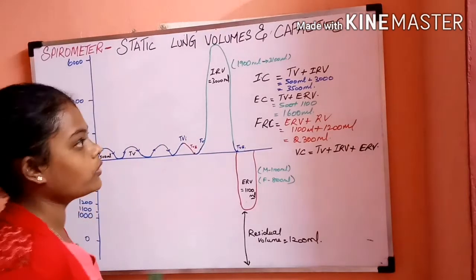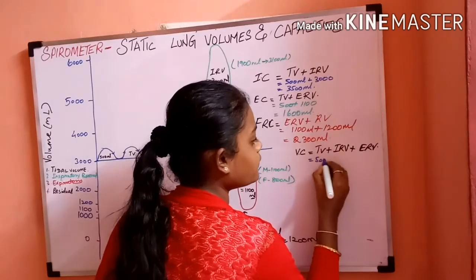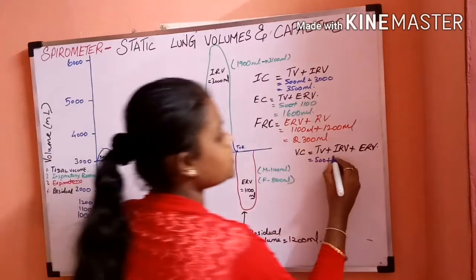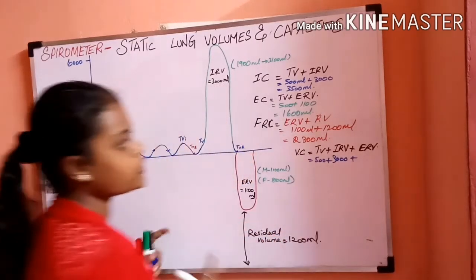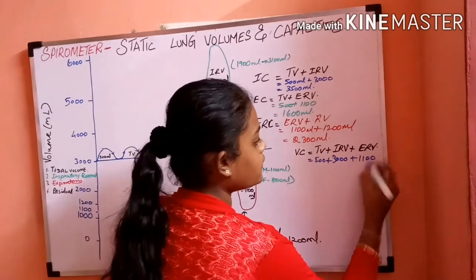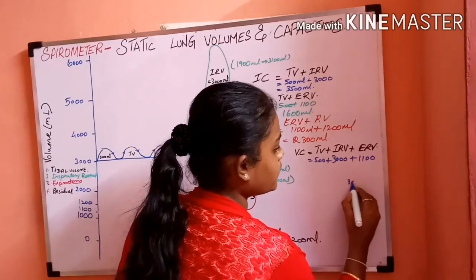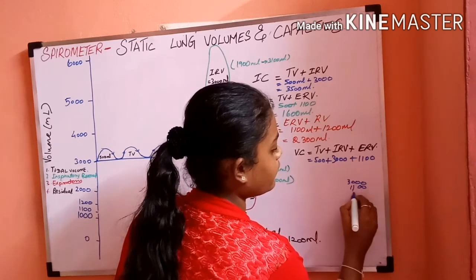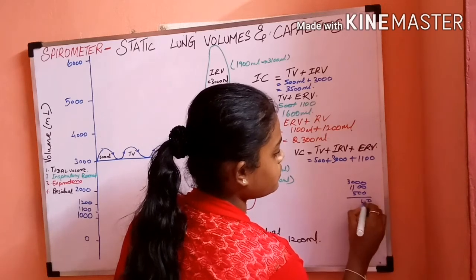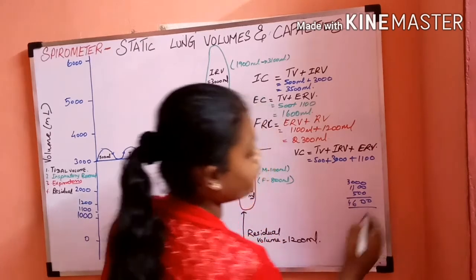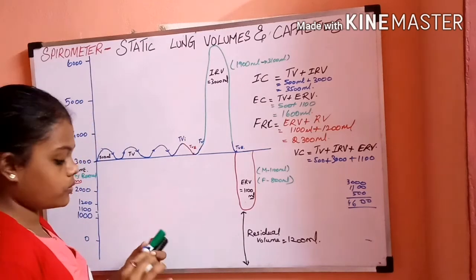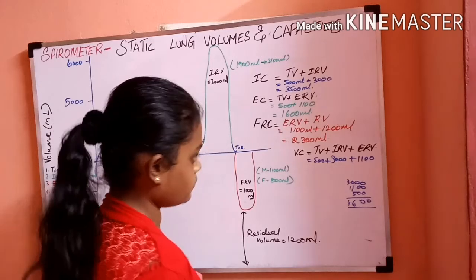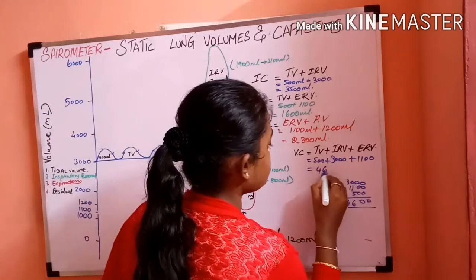Right, the tidal volume is 500 ml plus inspiratory reserve volume 3000 ml plus expiratory reserve 1100. So we calculate 3000, 1100 and 500, and we get 4600 ml.